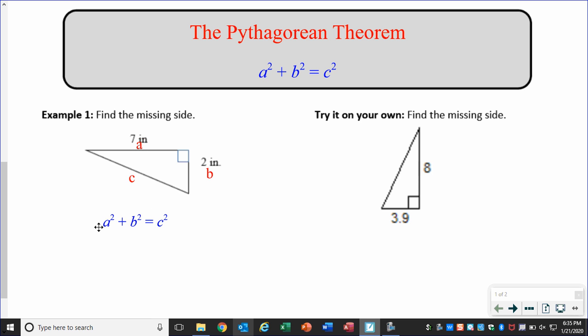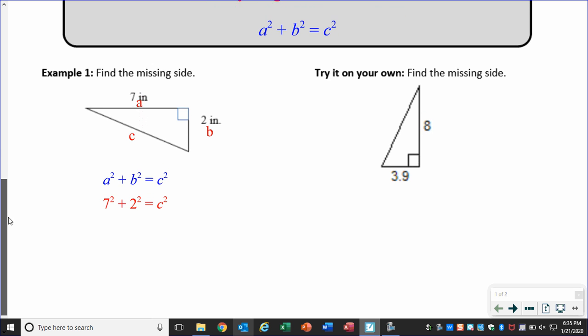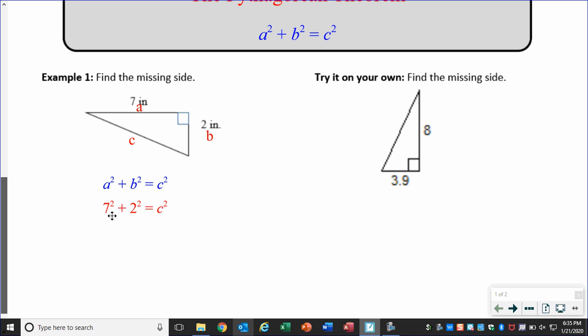We already know what A and B are, so we plug in 7 for A and 2 for B. Now we have 7 squared plus 2 squared equals C squared. Next, we do our squaring, according to GEMDAS. 7 squared is 49, 2 squared is 4. Now we add 49 plus 4.